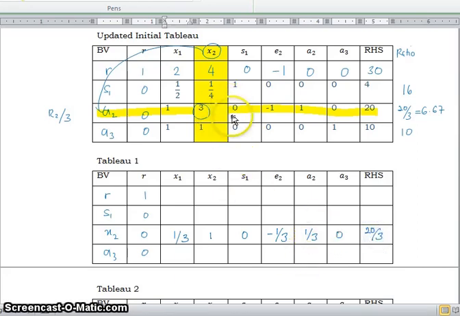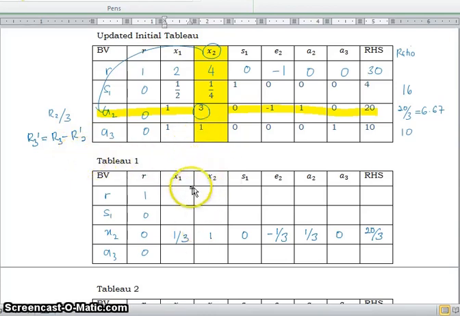Okay, and we want to have 0 coefficient for x2 in other rows. Let's start with row 3. Okay, the ERO for row 3 is row 3 minus new row 2.